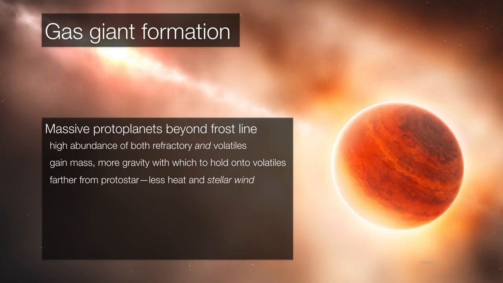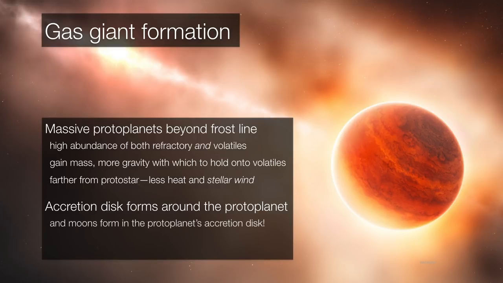Remember, they're farther from the protostar, so there's less heat, there's less stellar wind, and there's a greater abundance of these volatiles to begin with. So an accretion disk forms around the protoplanet. It's like a disk within a disk, and even moons can evolve from inside the protoplanet's own accretion disk.